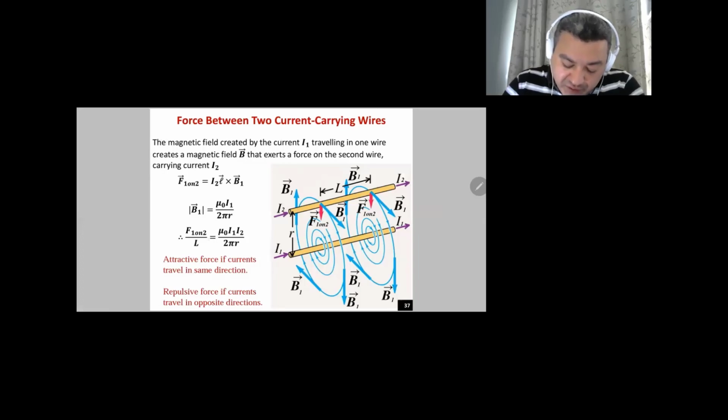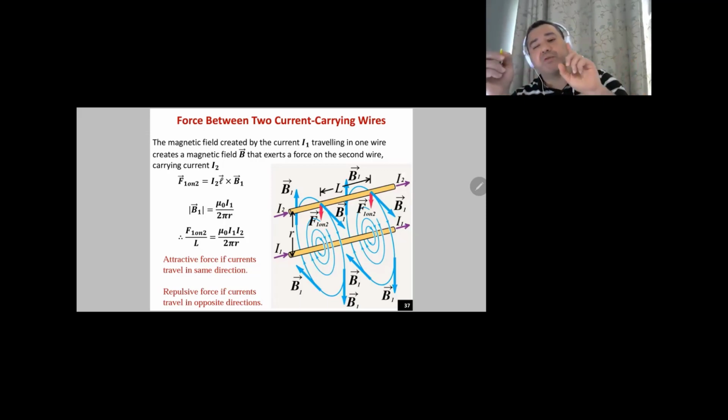Also, I forgot to mention that if you divide this force by the length, you will get the force per unit length. They will always be equal in magnitude because the force will be the contribution of both.